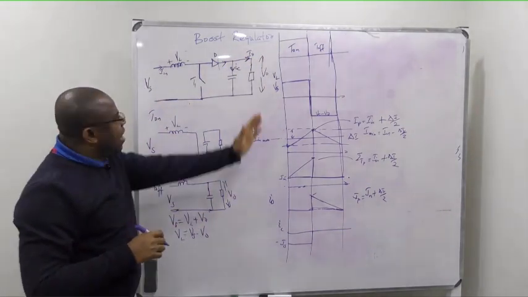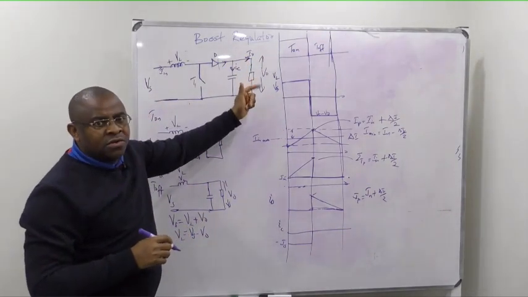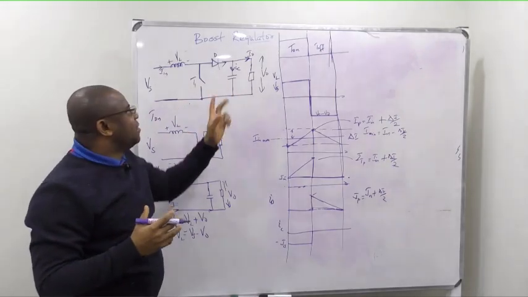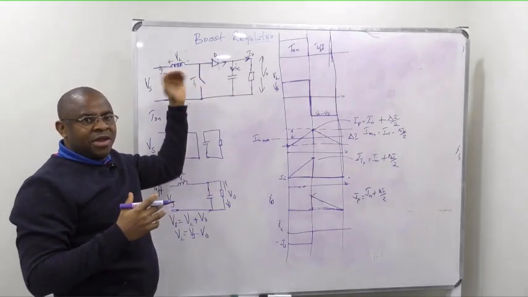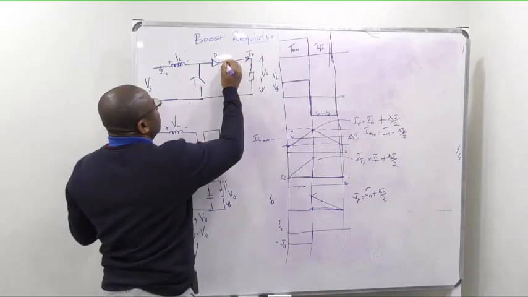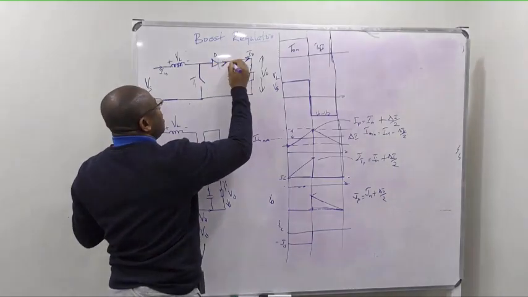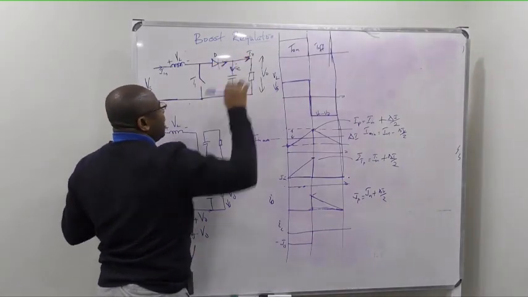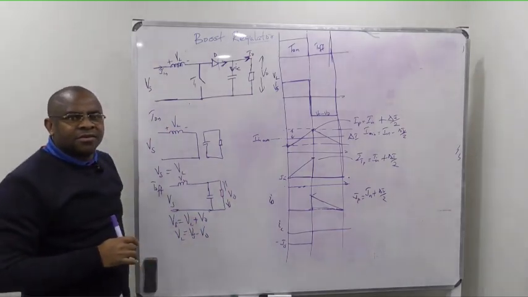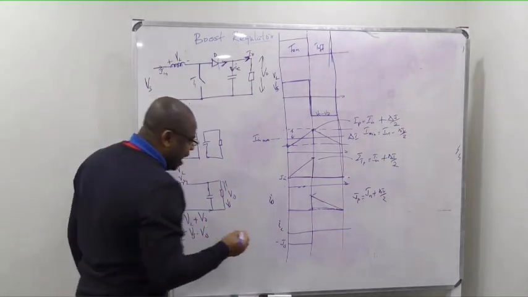So if I know the average value on the load, I can subtract that from the current coming in, using Kirchhoff's law. This goes in here, this goes in there, that goes in there. Did you get that?